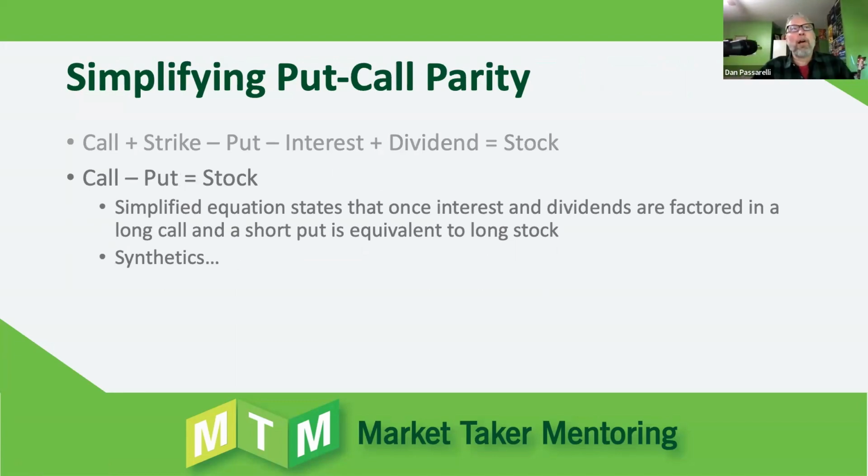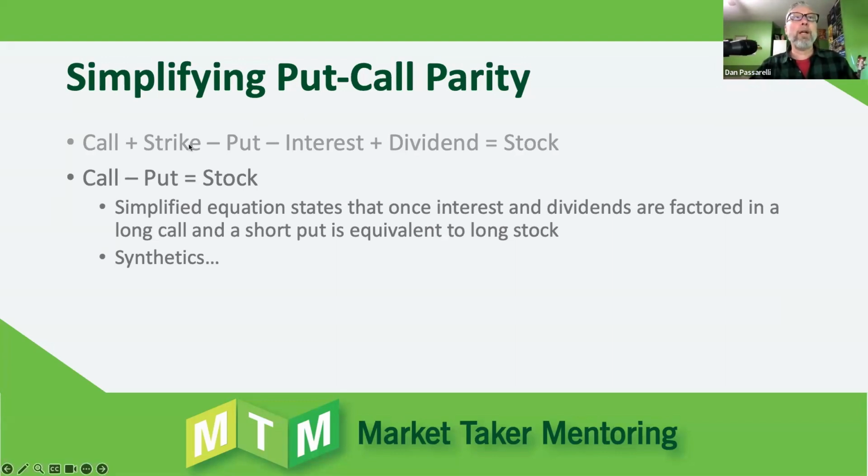Now, all this stuff about adding in the interest and dividends and accounting for the strike, that's all fine and good. But let's just make this simple. We know they're the same strike. Let's take this from algebra to just trader think.